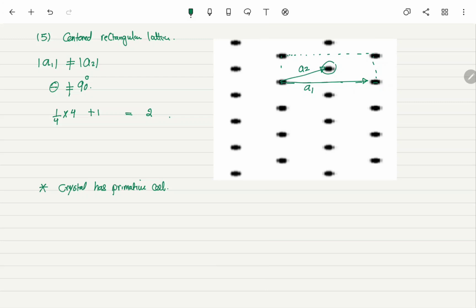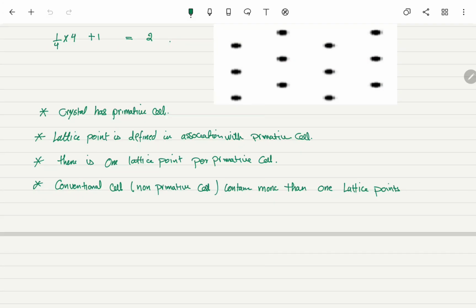Let's just write them down. Crystals have a primitive cell. A lattice point is defined in association with the primitive cell, and there's only one lattice point per primitive cell, and a conventional cell, which means non-primitive cell, contains more than one lattice point.